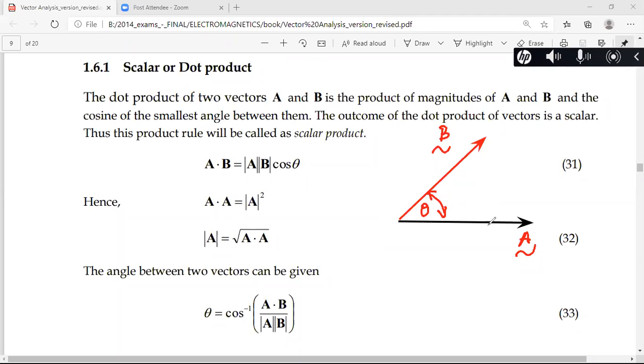This is the definition. A represents a vector, B represents a vector. The result will be the amplitude of A times the amplitude of B times cos theta. The theta represents the angle between these two vectors.